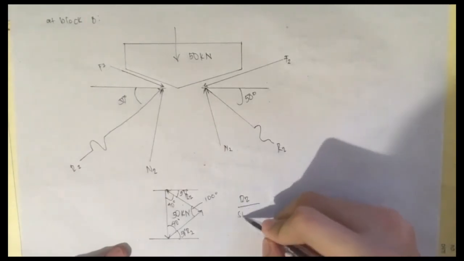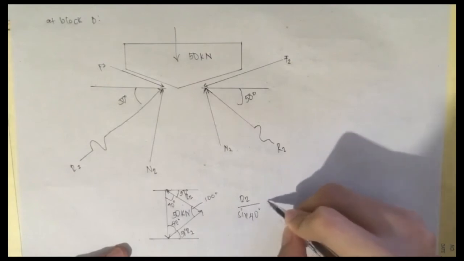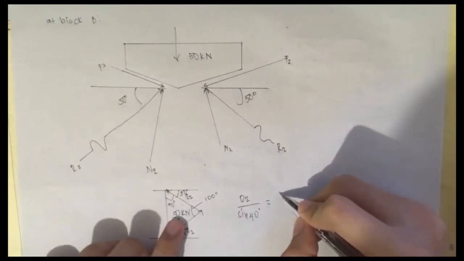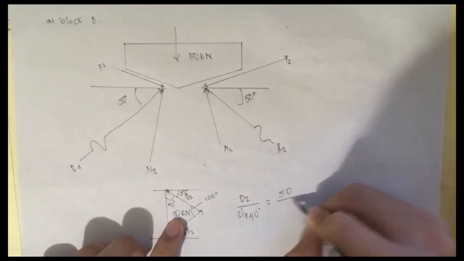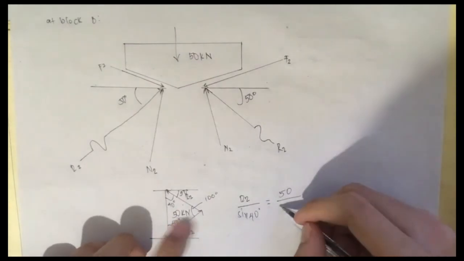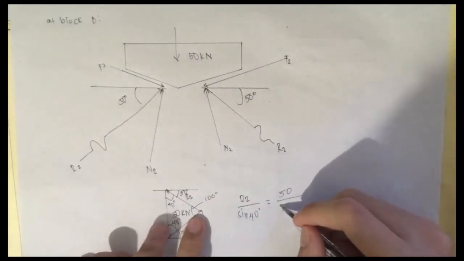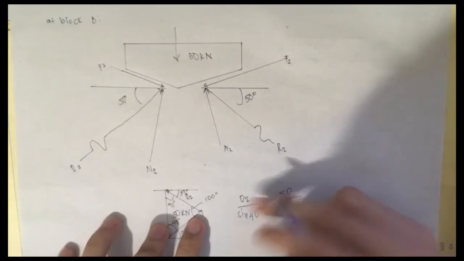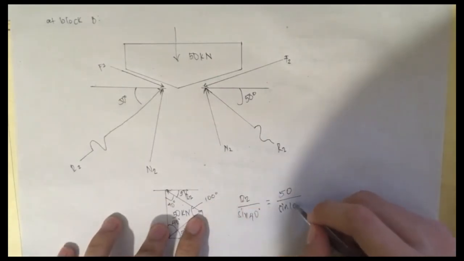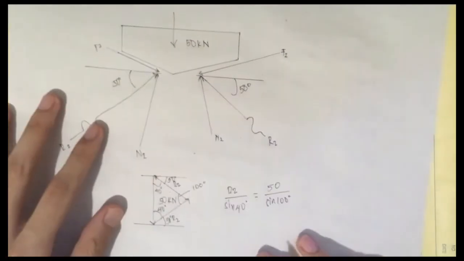So for solving the triangle, R2 over sine 40 degrees is equal to the weight, 50 kilonewton, over sine of the opposite angle, sine 100 degrees.